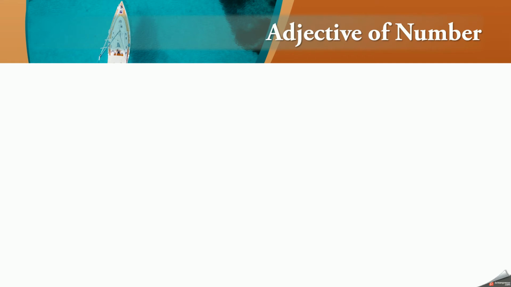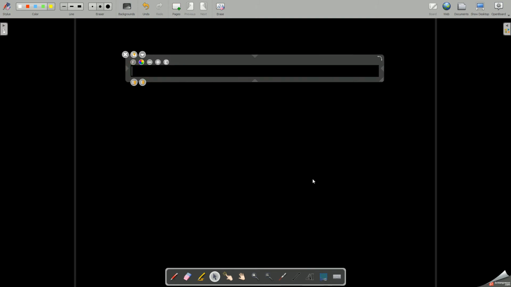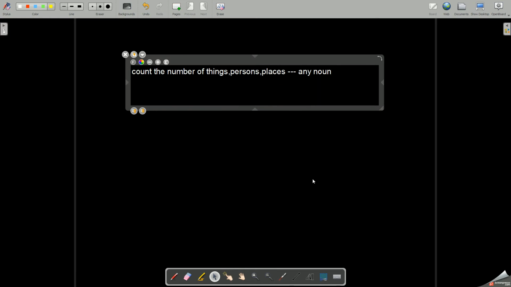Next is adjective of number. As opposed to adjective of quantity, where you were able to measure the amount of things, now you will be able to count the number of things or persons or places, that is, any noun which the adjective describes, and answer the question how many.